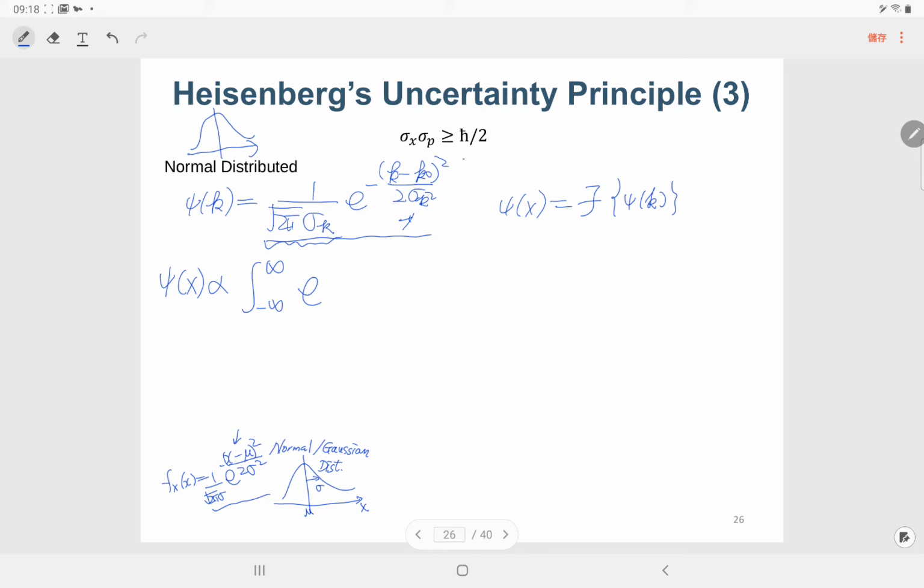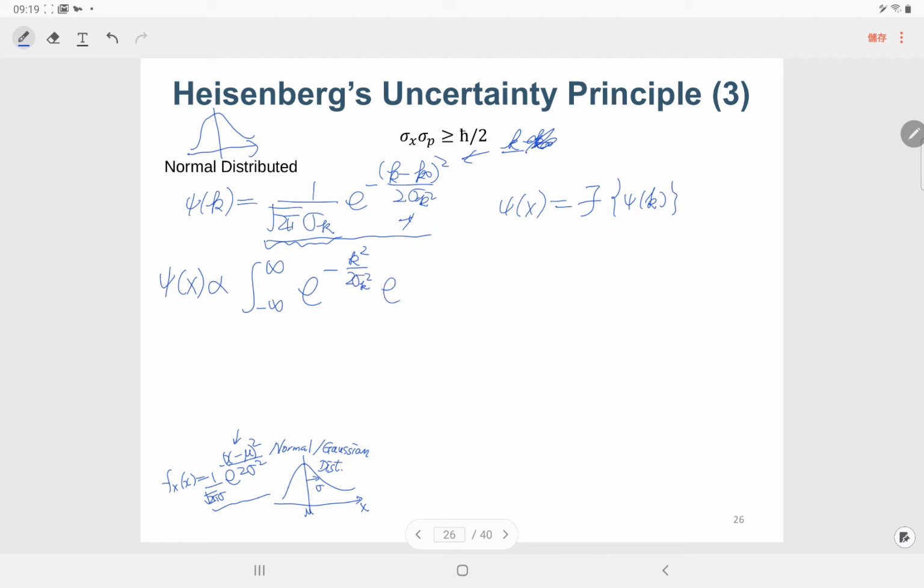Actually, this part is k minus k0, or maybe first we can just ignore this part, and maybe we can just keep sigma. Maybe we can just calculate these parts, which is fine.